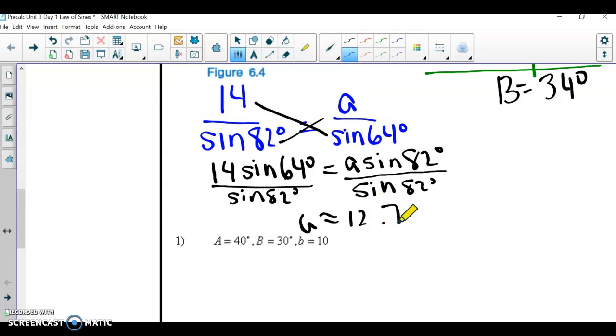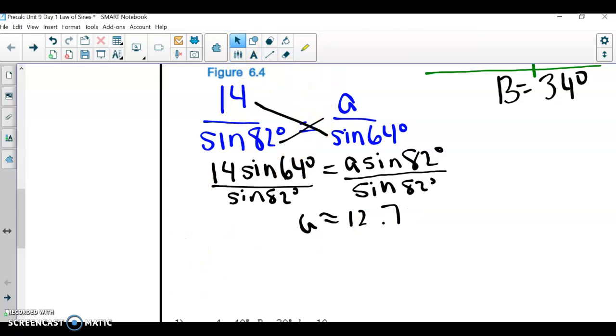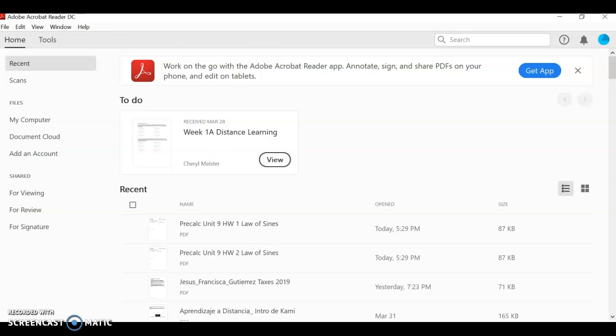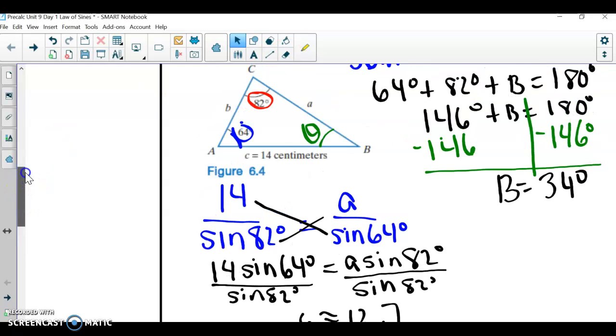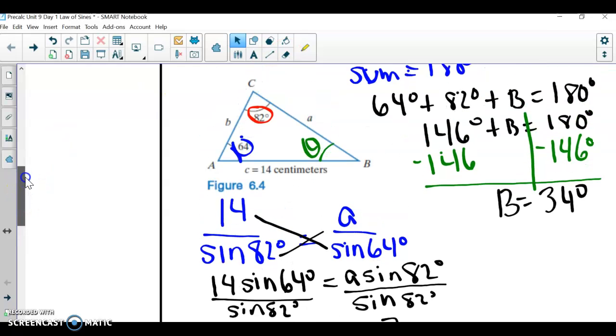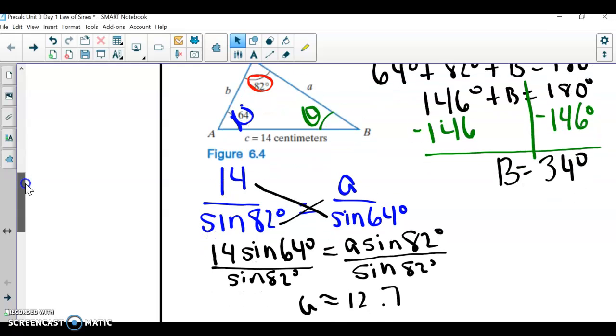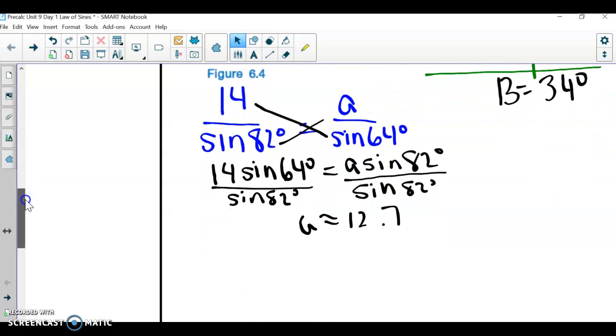Okay. Same thing as I just found A, we're going to use the same method to solve for B. So we know that, again, I'm going to use C, and I'm now going to use B, which I found. B is 34 degrees. Okay.